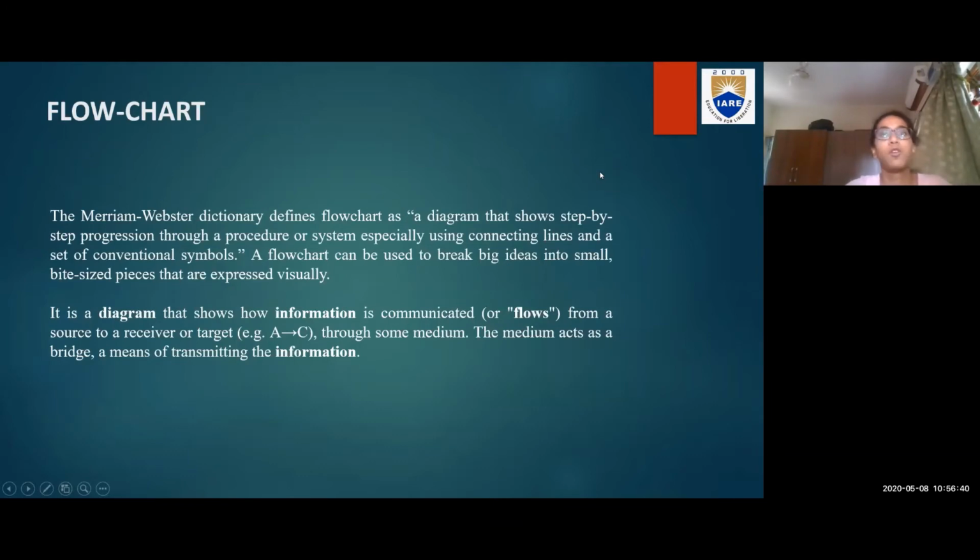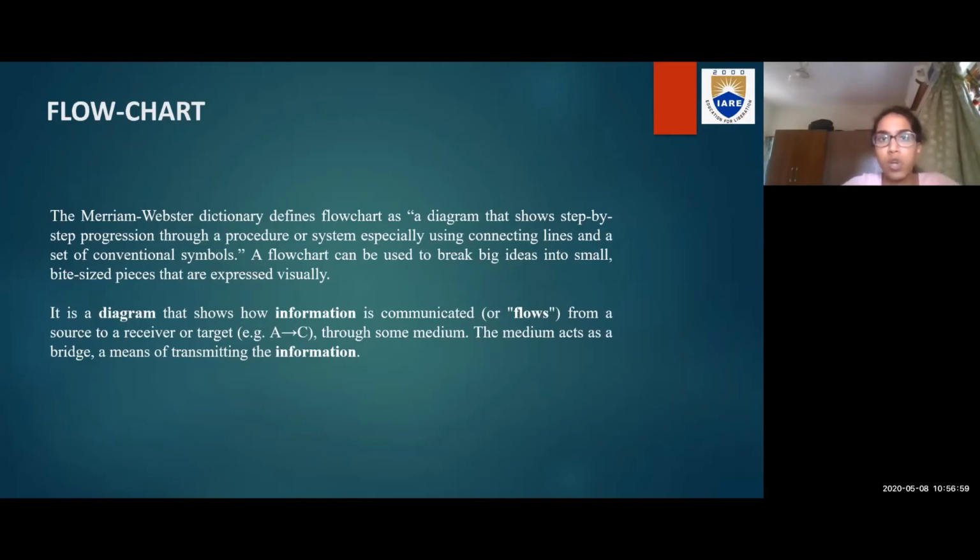Now, flowchart. Before I talk more about flowchart, what is it exactly? In understandable terms, it is nothing but a diagrammatic representation of an algorithm. Now, when I speak about an algorithm, it is nothing but the step-by-step procedure.